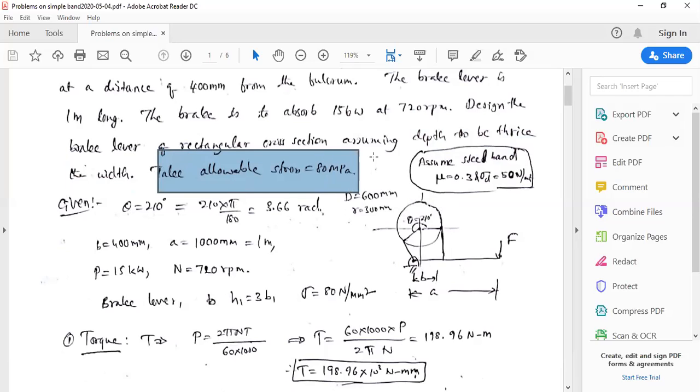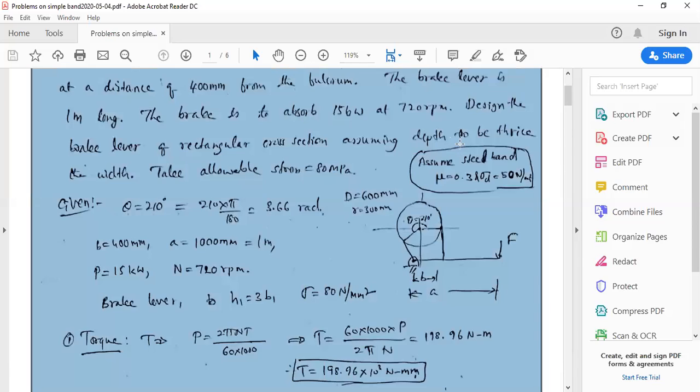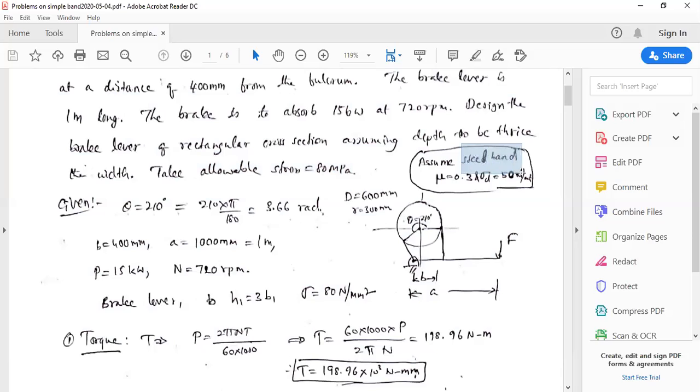So the brake liner is not given. Here the band is assumed to be a steel band, the coefficient of friction is assumed as 0.3, and sigma d, the static stress in the band, is 50 newton per mm square, which is also an assumed value.